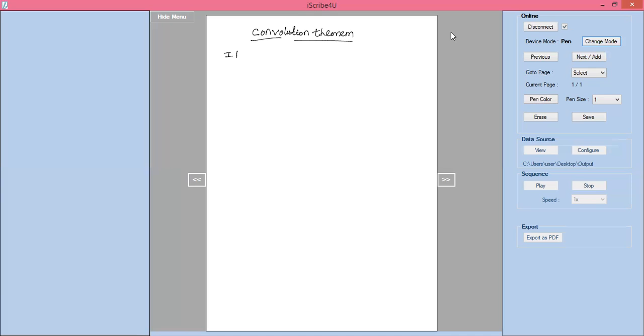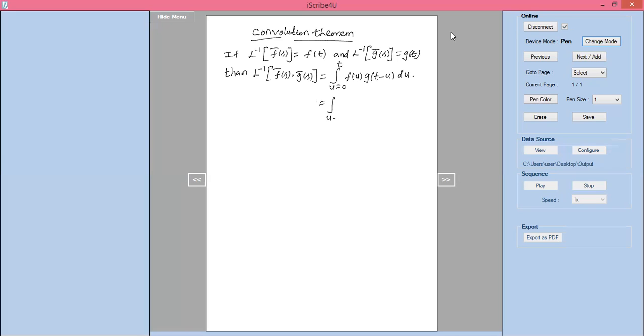If L inverse of f bar of s equals f of t, and L inverse of g bar of s equals g of t, then L inverse of f bar of s into g bar of s equals integration of u equals 0 to t f of u into g of t minus u into du, or we can write integration of u equals 0 to t f of t minus u into g of u into du.